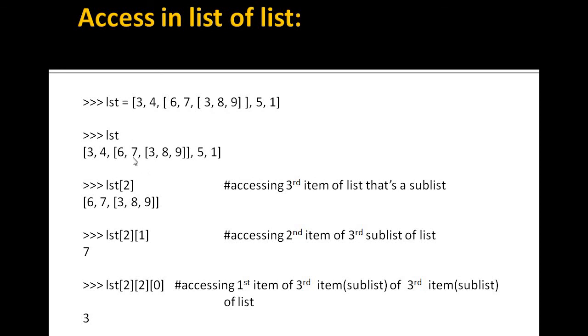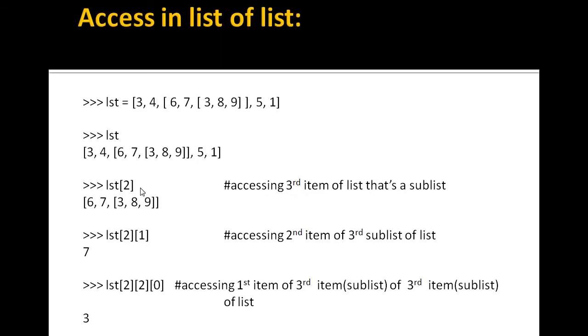But if you want to print 7 only, then 7 is part of this sublist, so you have to access first this sublist and then this value. That means to access this sublist you write lst2, and to access 7 you write 0, 0, 1, that means 1. So it accesses the second item of the third sublist. We can say the third item. This is the third item, which is a sublist or a list.